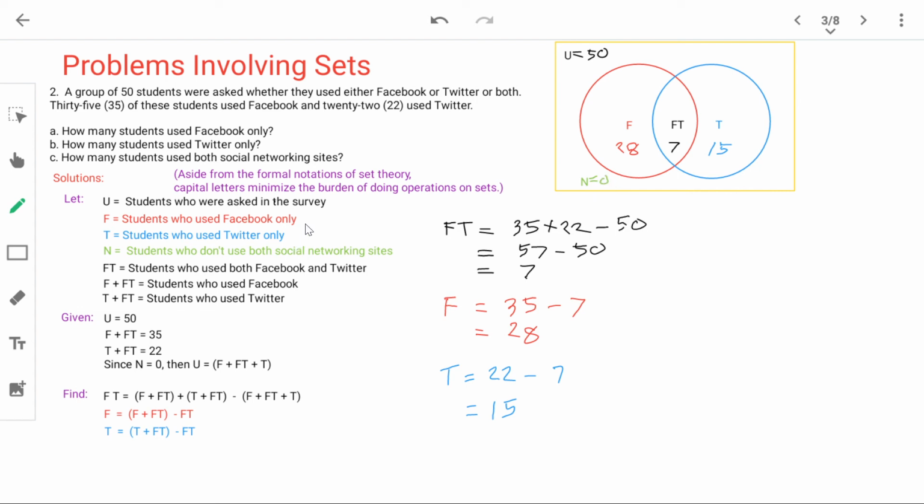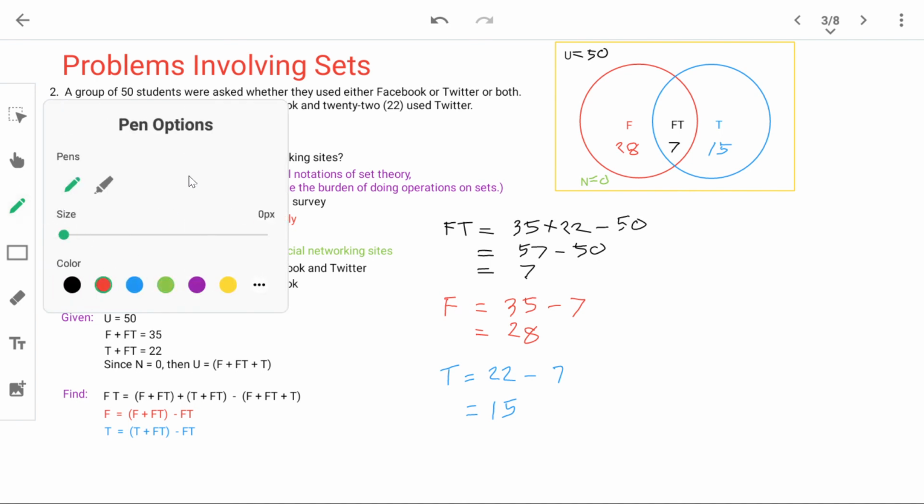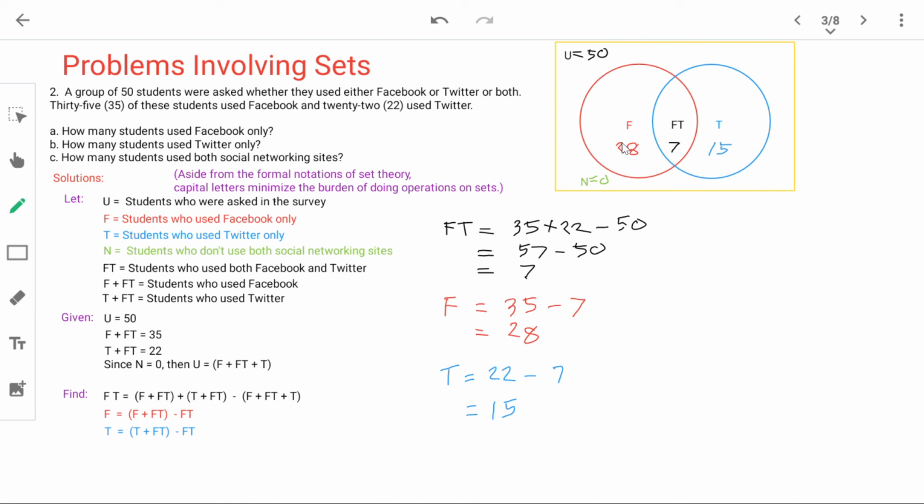To recap this problem. Letter A, how many students use Facebook only? There are 28 students who use Facebook only.